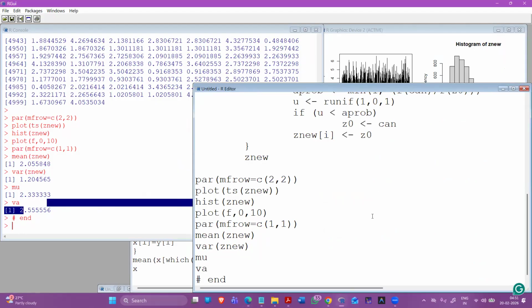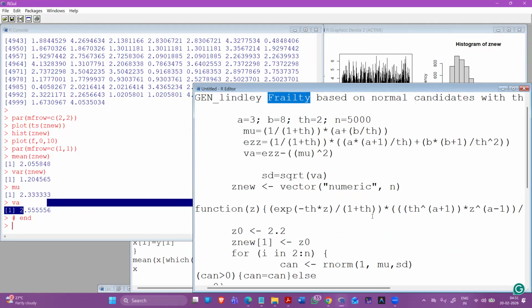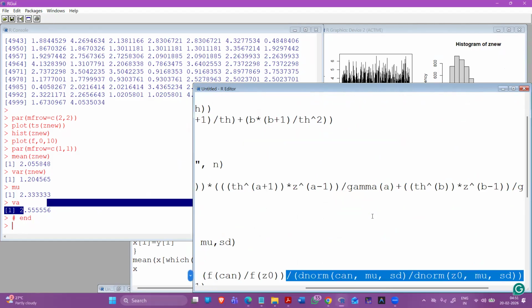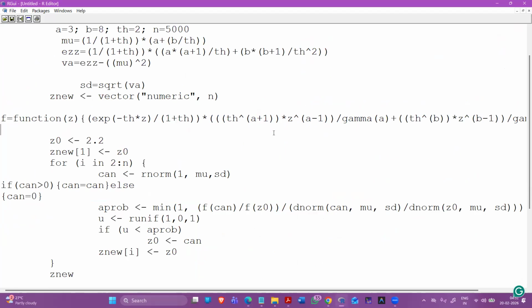Right. If I just check it. What you need to do in this code, the entire remaining code will remain as it is.